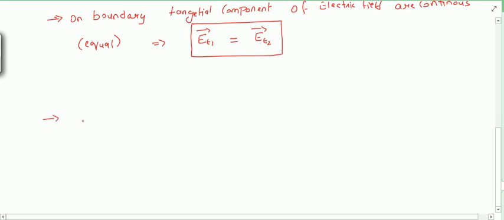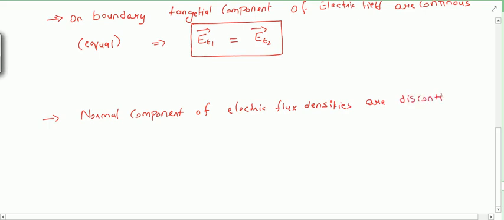The second one is the normal component of electric flux density. The normal components of electric flux density in the two media are discontinuous. Continuous means equal, so discontinuous means not equal, but they are related.